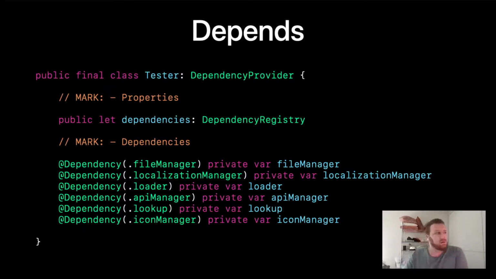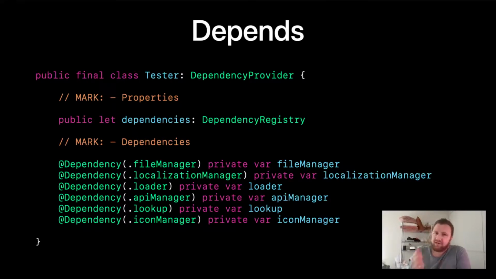So this is our type over there. It's actually not too dissimilar from that very first slide that I had, except now we have a dependency provider, which I'll talk to a little bit. You can see we have a dependency registry that we keep there, and then we use a nice little property wrapper called @dependency, where you pass in the dependency that you're looking for, and you get access to it directly.